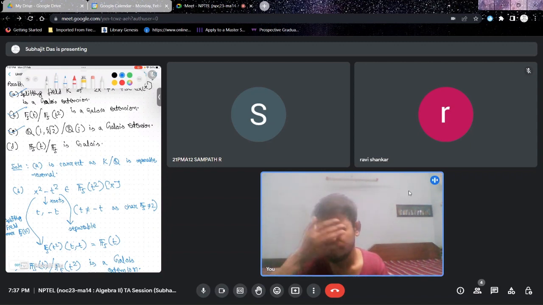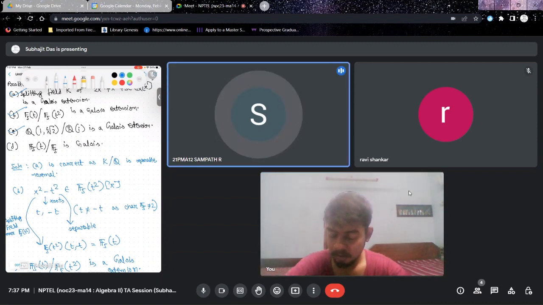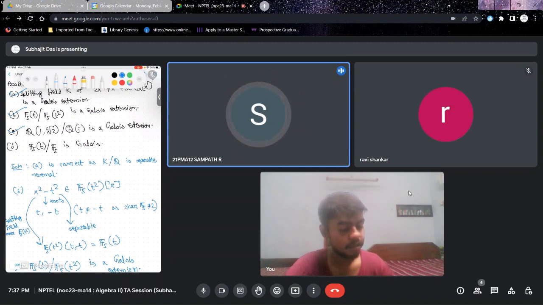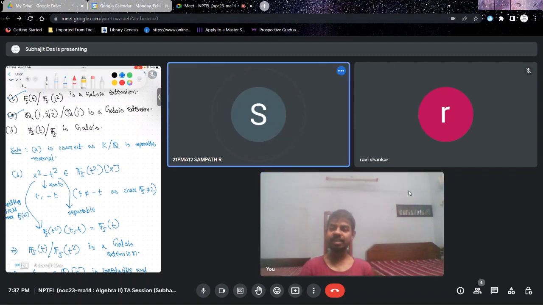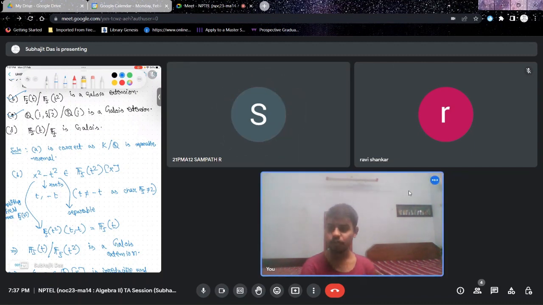Is F5(t) over F5 Galois? For some extension to be a Galois extension, it in particular has to be an algebraic extension, right? So is it true that t satisfies some non-zero polynomial over F5? t is just a symbol.